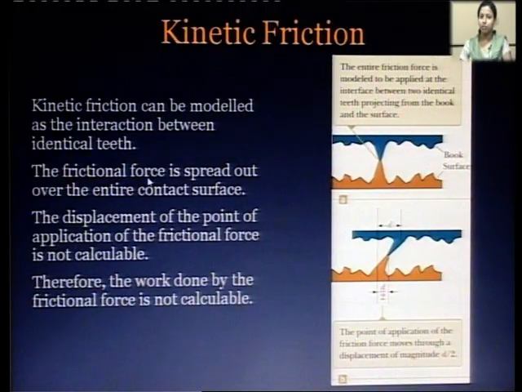The frictional force is spread out over the entire contact surface, and the displacement of the point of application of the frictional force is not calculable. Therefore the work done by the frictional force is not calculable.